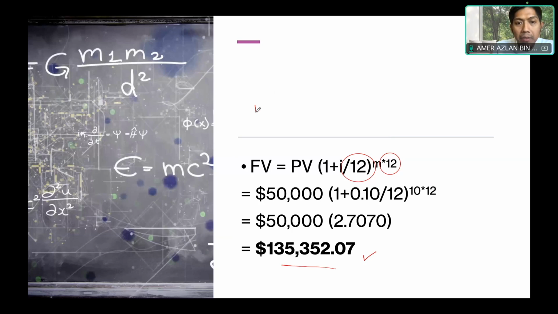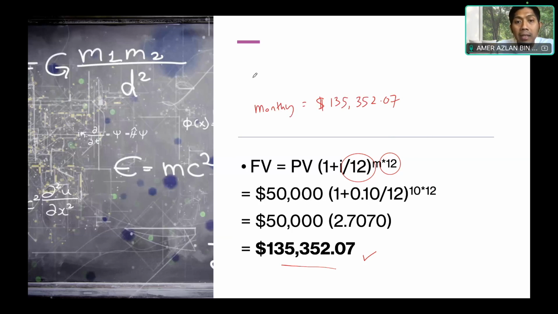Right. So if the investment is compounded monthly, we would get a return of around 135,352.07. This is if the investment is compounded on a monthly basis.